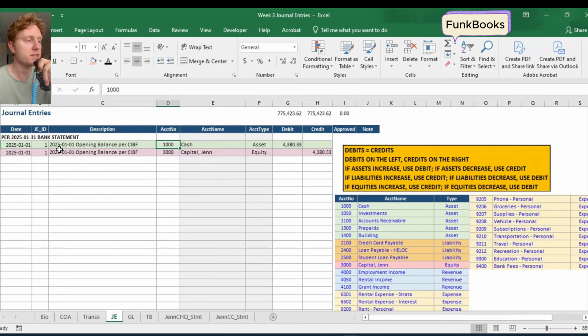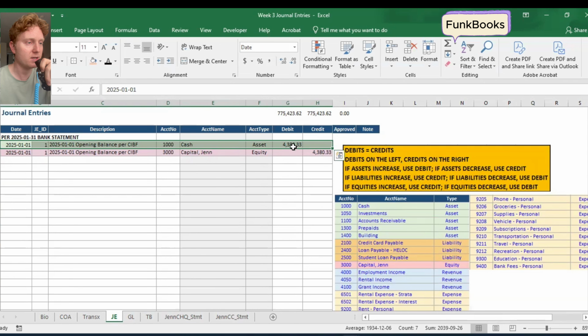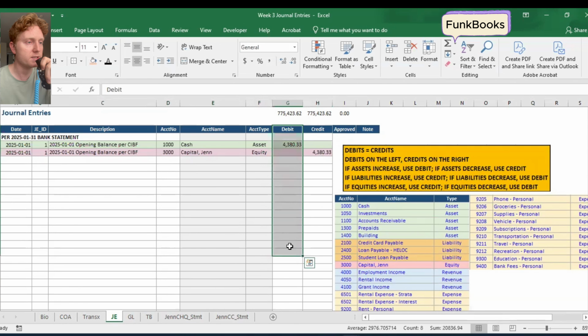This transaction affects two accounts. It affects cash, which is an asset, right? And then we can go back to our rules here. If assets are increasing, we're going to use debit, and debits are on the left, credits are on the right. So that's why you can see two columns here. One is the debit column, one is the credit column.